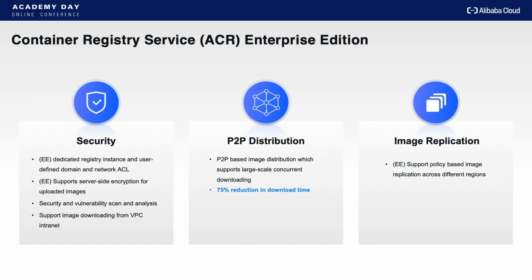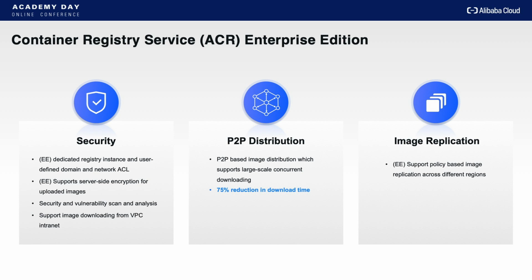The next feature is Container Registry, ACR. It is a secured image repository hosting service providing container image lifecycle management. Container Registry Enterprise Edition allows you to manage images throughout the image management lifecycle.